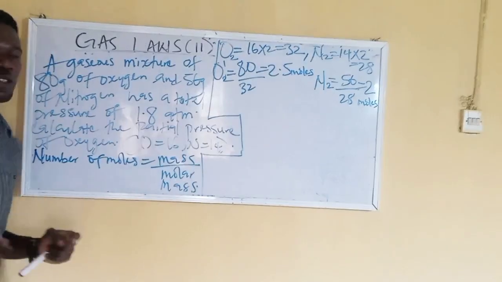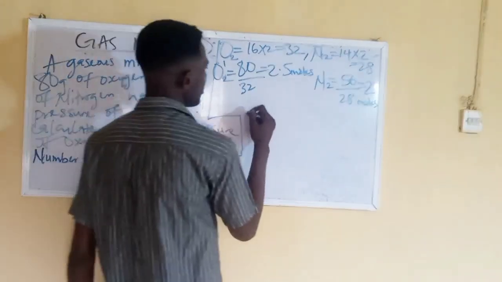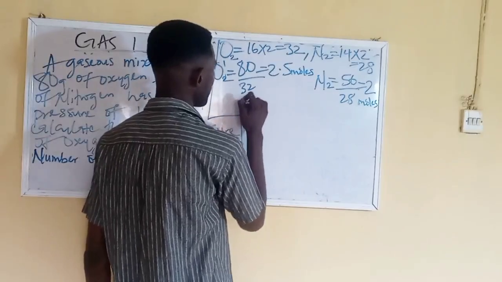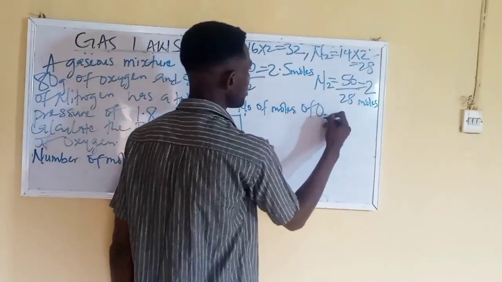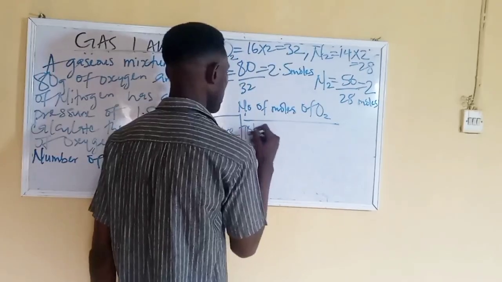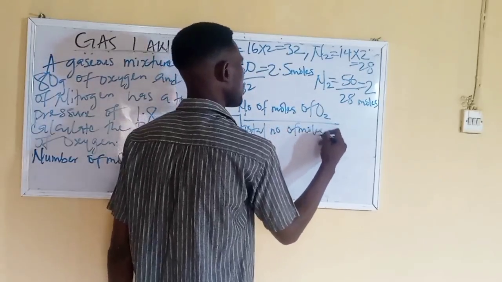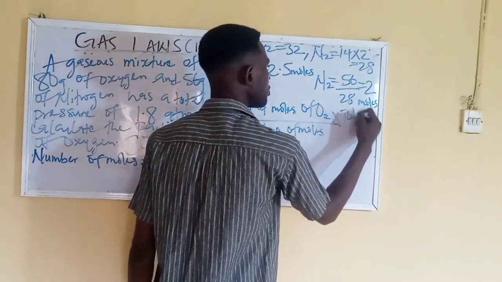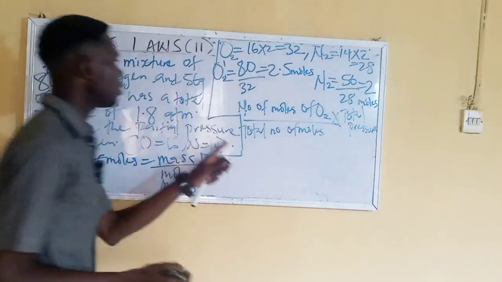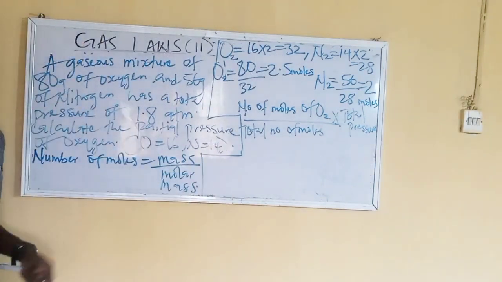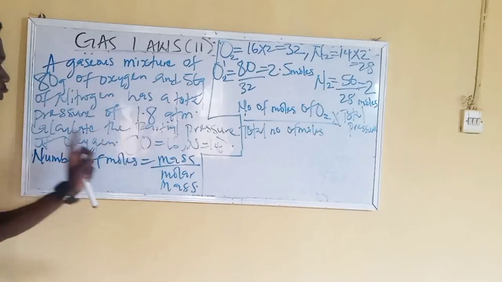The formula we are to use to get the partial pressure of oxygen is the number of moles of oxygen over the total number of moles, times the total pressure. Remember, they said calculate the partial pressure of oxygen.